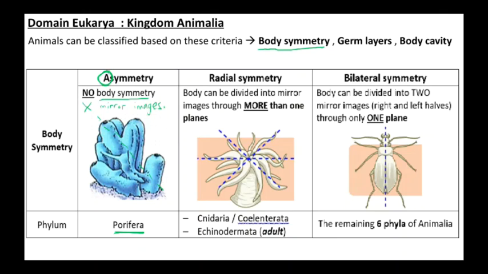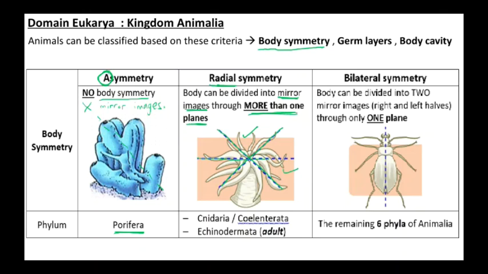Let's look at radii symmetry. From the word radii, you can tell it consists of more than one similar planes. You can divide the body into mirror images through more than one plane. Over here, I can get a similar half. If I cut them here, I can get another similar half.